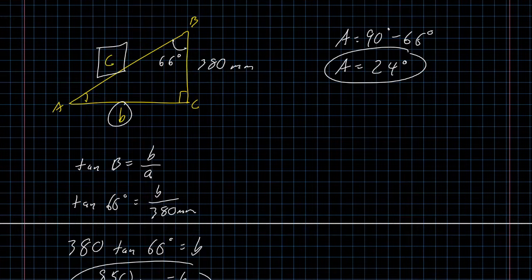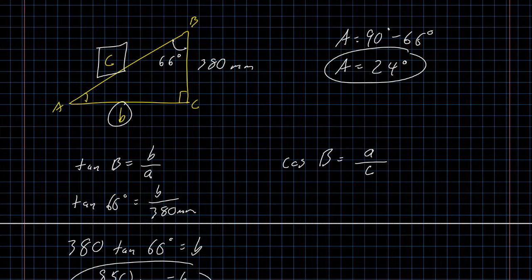Side C is the hypotenuse of the triangle. We're given the adjacent side, and the trig function relating the adjacent side and the hypotenuse is the cosine. So I know that the cosine of angle B is going to be equal to side A divided by side C. Right?